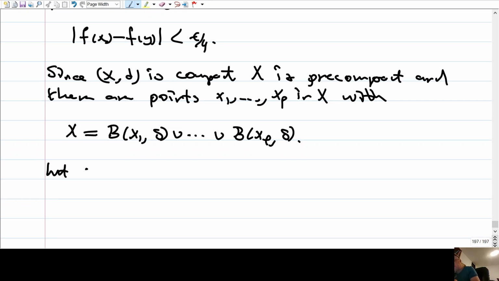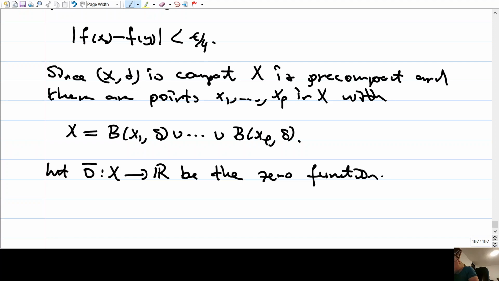Let O be the 0 function. So whatever you give me, it gives the real number 0. This is clearly continuous, of course.